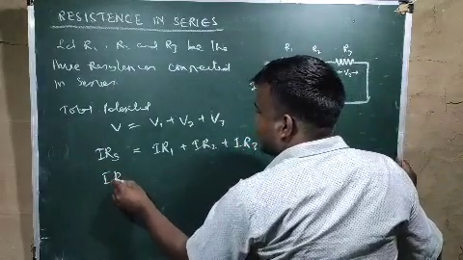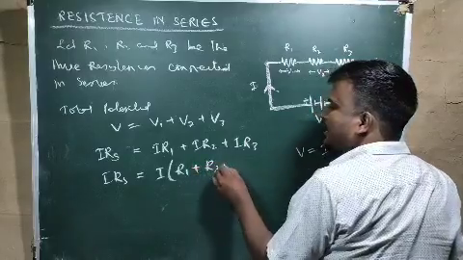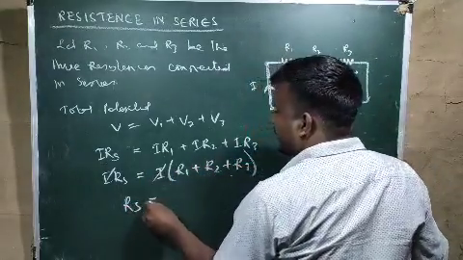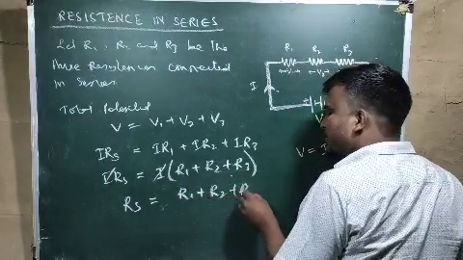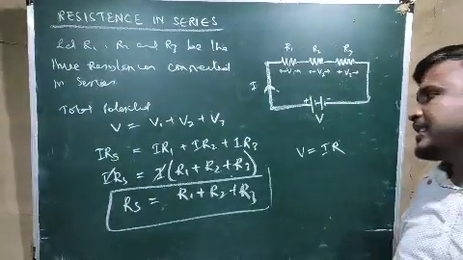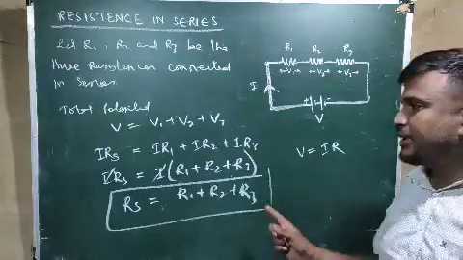So IRS will be equal to IR1 plus IR2 plus IR3. If you take I common, we get R1 plus R2 plus R3. So I and I will cancel, and RS will be equal to R1 plus R2 plus R3. That means if three resistances are connected in series, the total resistance is equal to the sum of all the resistances. I hope you understood this.